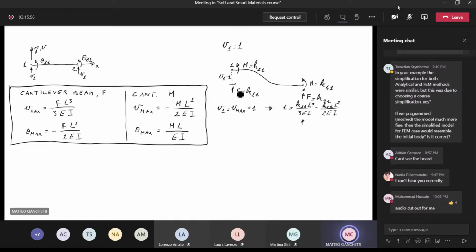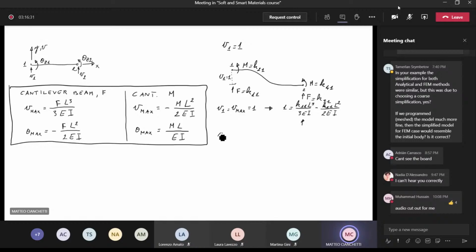So it's the term related to node 1, K11 multiplied by L to the power of 3 on 3EI, minus the contribution of the moment, that is K21 multiplied by L squared on 2EI. And this is what we can set for the displacement.